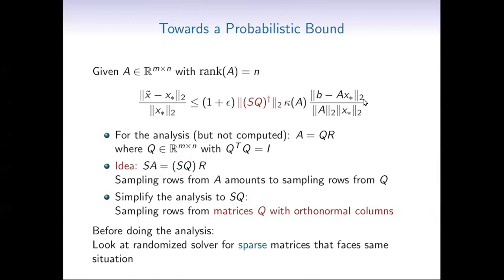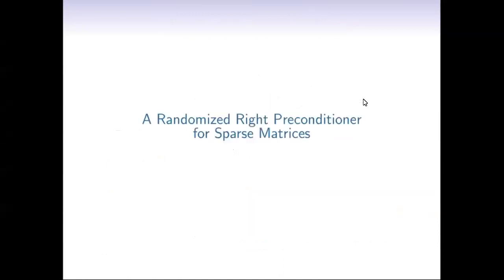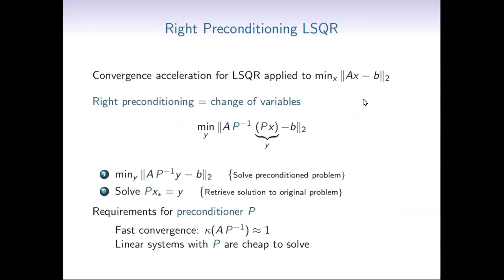However, before this analysis, can I please look at the randomized solver for sparse matrices, because that thing faces the same problem. It's a little bit in the spirit of Semyon's question. Here we have our least squares problem. Instead of sampling from the left, we come from the right. However, we are not doing compression.